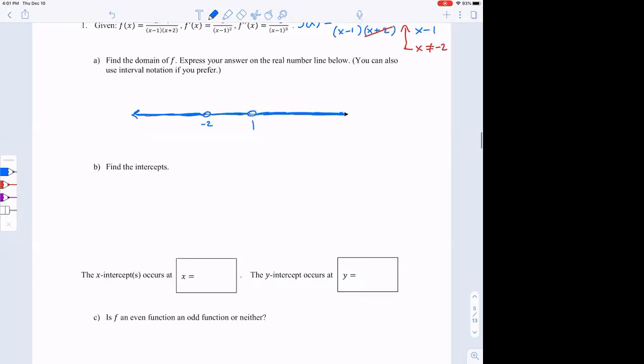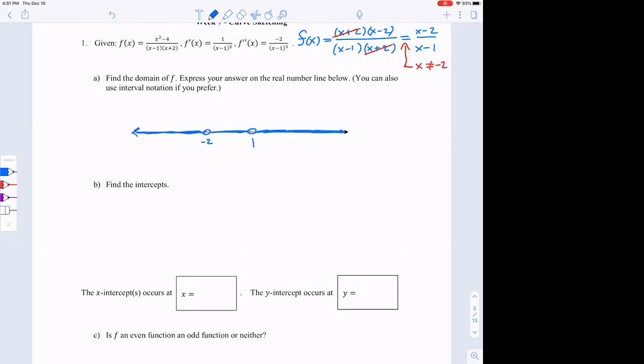Okay, so finding intercepts. How should we do that? So x-intercepts and y-intercepts. When x is equal to 0, we'll find a y-intercept and vice versa. So first with the x-intercepts, we're looking for when f of x is equal to 0. So x minus 2 over x minus 1.